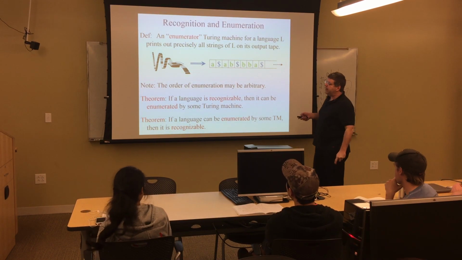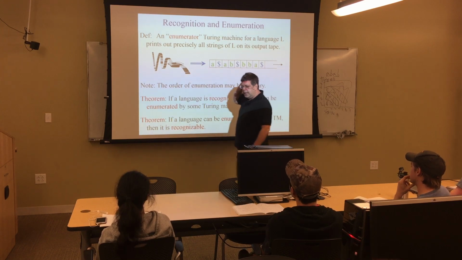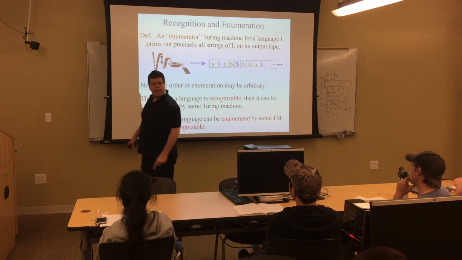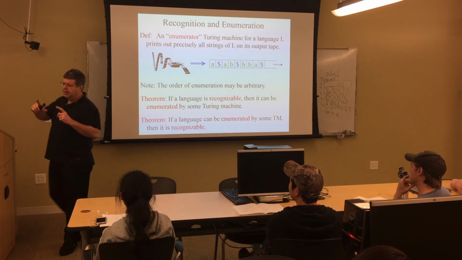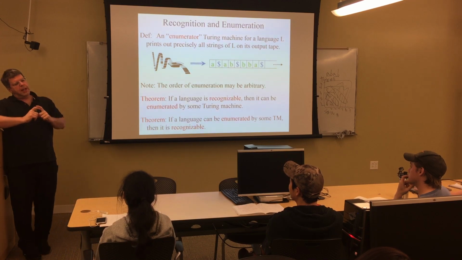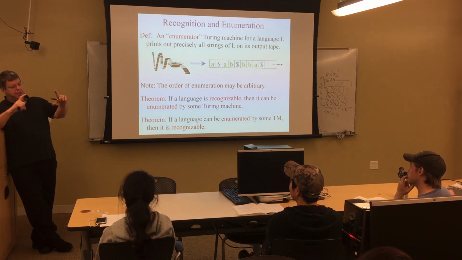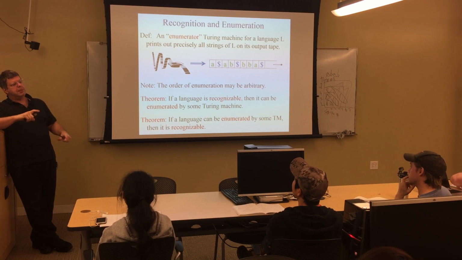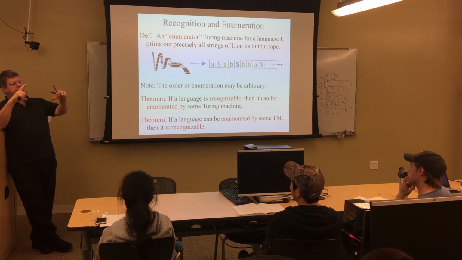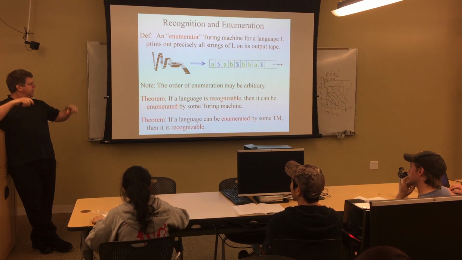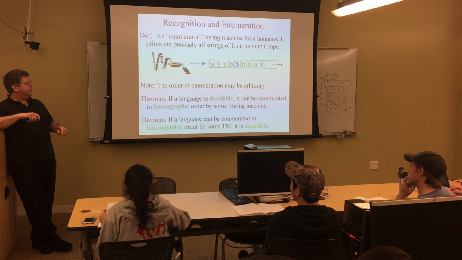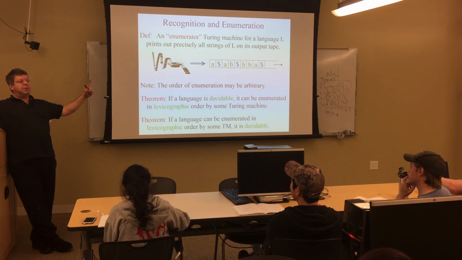But this helps characterize classes of languages in the Chomsky hierarchy. Remember the Chomsky hierarchy: we have regular languages, then context-free languages. This is a Venn diagram. Remember that diagram? Context-free around that, then decidable languages around that, then recognizable languages around that.